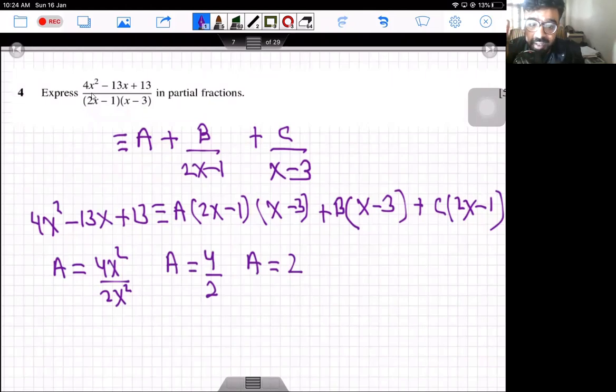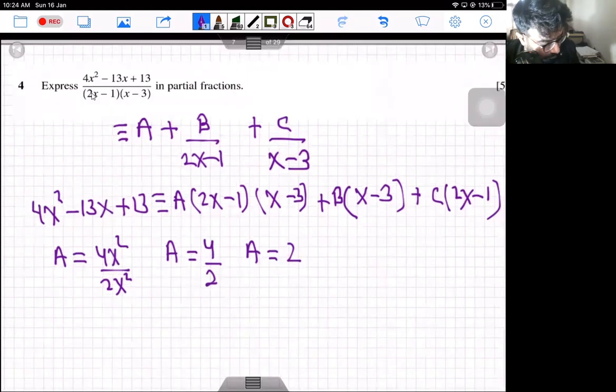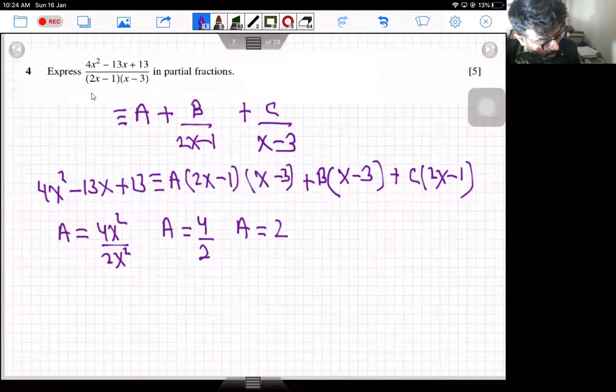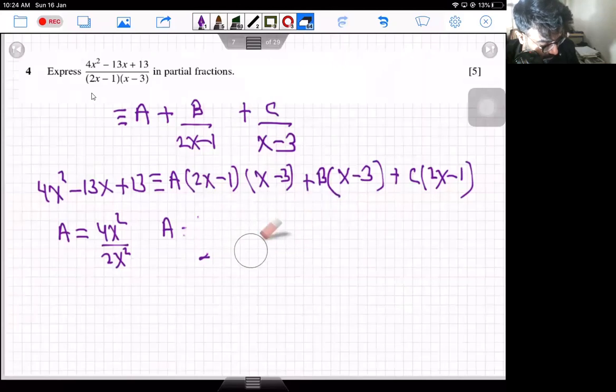But remember that this is only possible in the cases of improper fractions. So a is equal to 2. We have easily found the value of a, and then we are going to find the remaining values. First of all, I'll just mention that a is equal to 2.